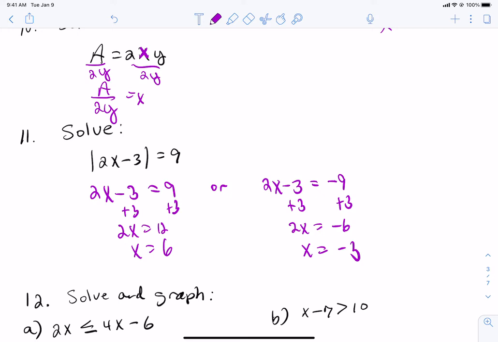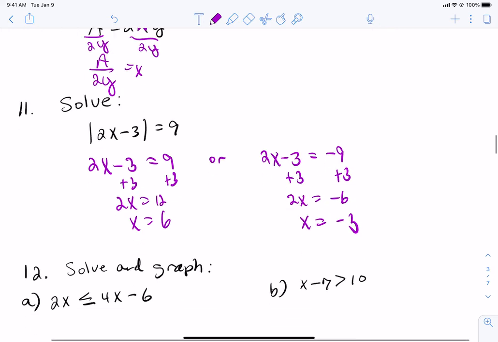So remember, two cases when you have an absolute value. Everybody okay with those ones? Okay.